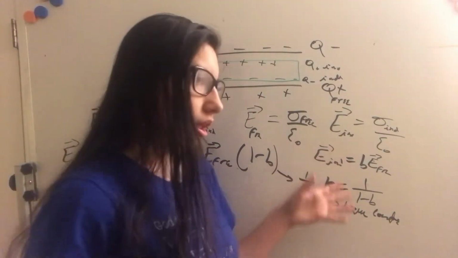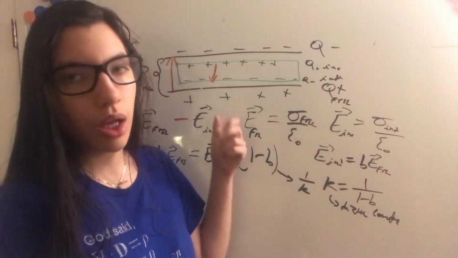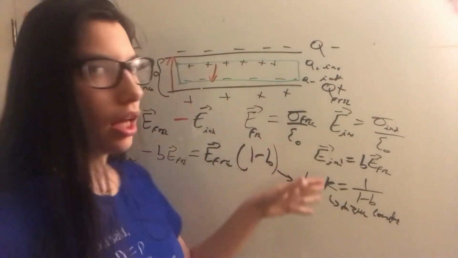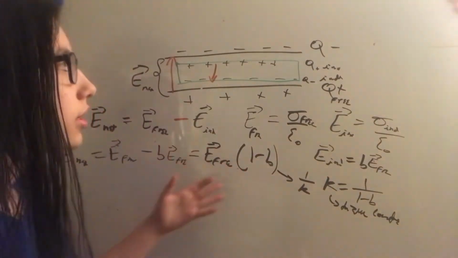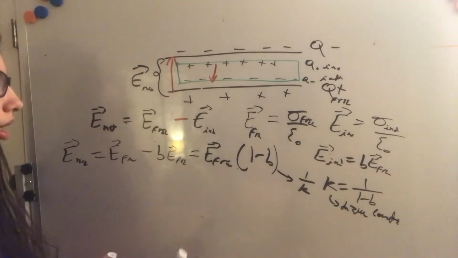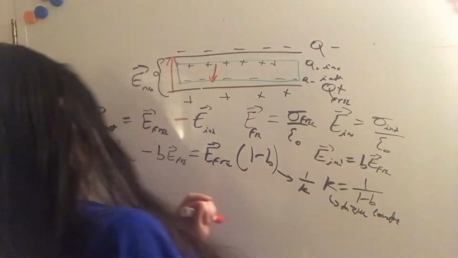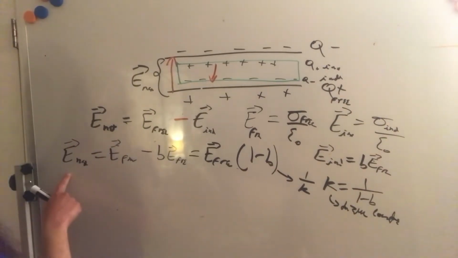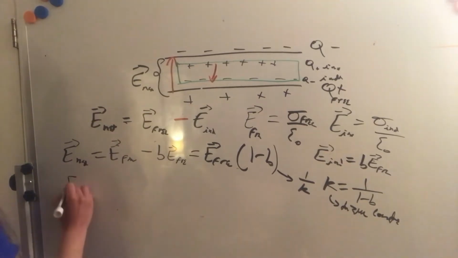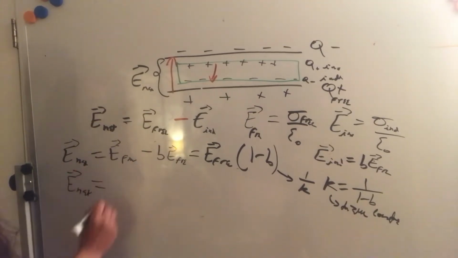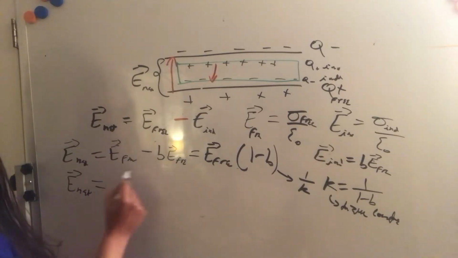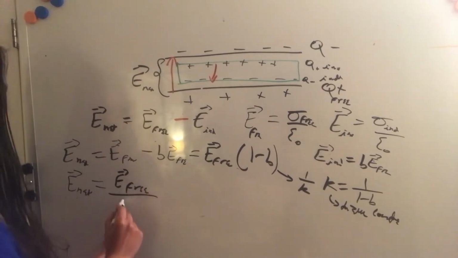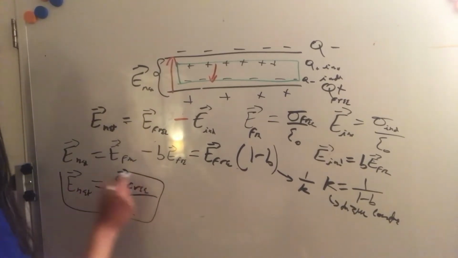For a vacuum, which is approximately air, it is 1, and we have 8 and 5 for other materials like crystal or glass. Anyway, usually we want a high K. So the net electric field would be equal to the free electric field divided by the dielectric constant.